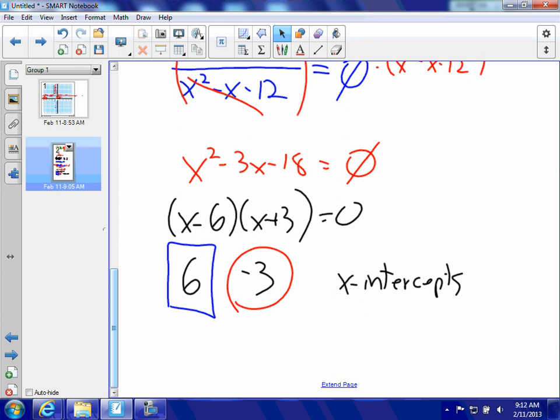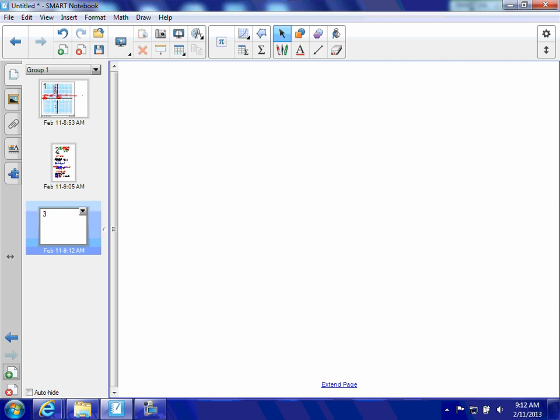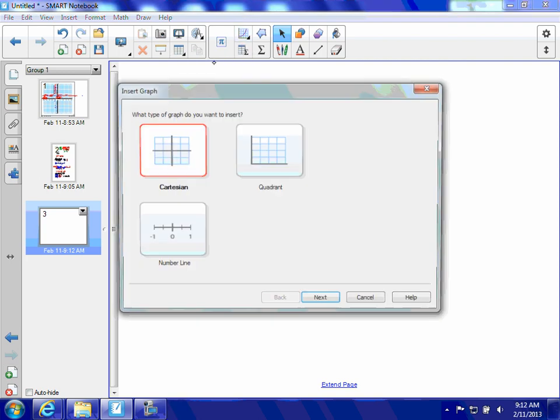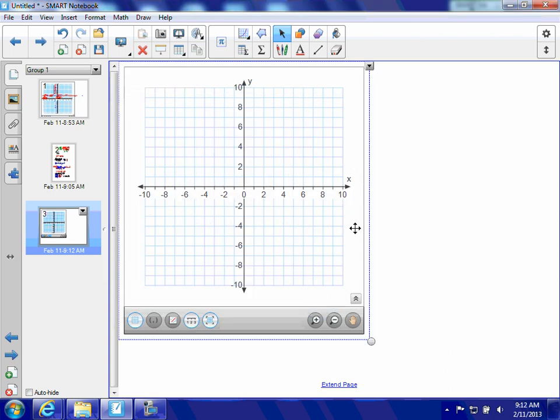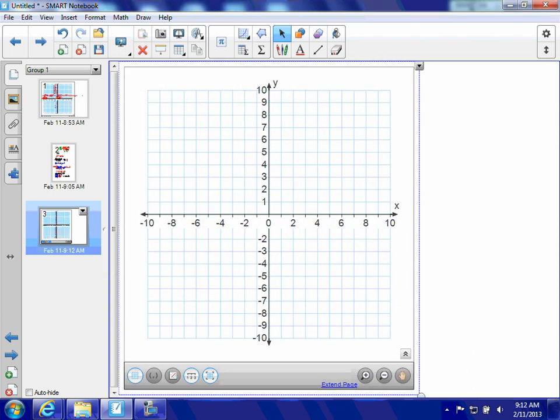Let me do this. So as I was going along, I know I have an x-intercept at positive 6.